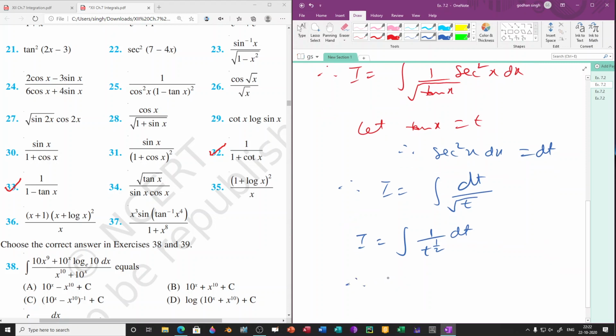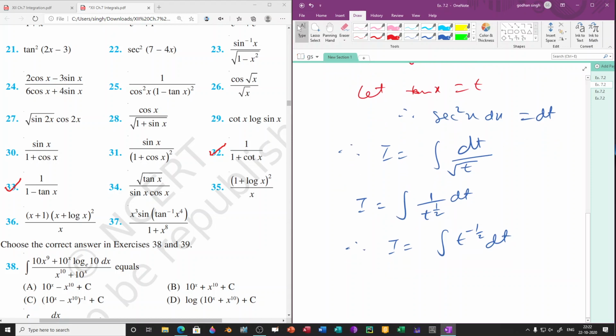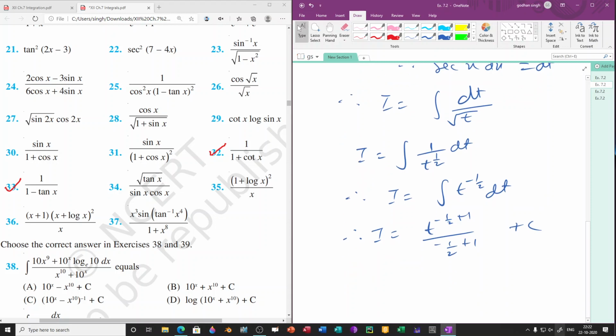So I equal to integration of t raised to minus 1 by 2 dt. This has been converted into standard form, of the form x raised to n dx, and the integration of this will be t raised to minus 1 by 2 plus 1 over minus 1 by 2 plus 1, plus c. And minus 1 by 2 plus 1 is 1 by 2.